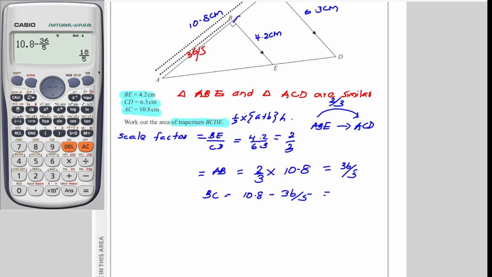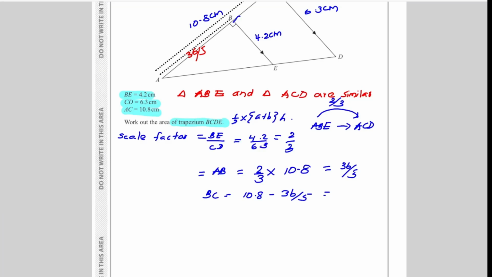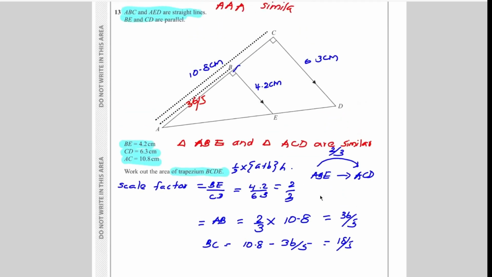How much is it? 18 over 5. So this much is 18 over 5.